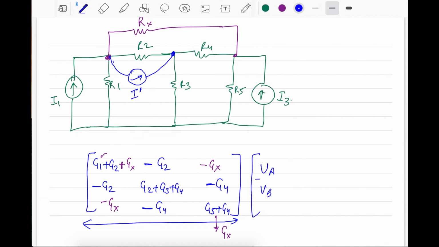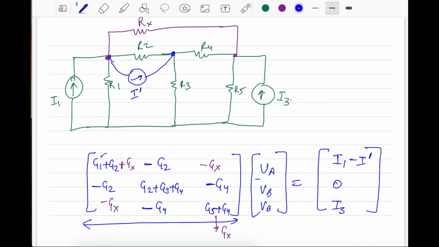Will this create any changes or not? Right now we have I1, 0, I3. So what changes will it make? Sir, I1 minus I dash. Okay. And for the second, 0 plus I dash.